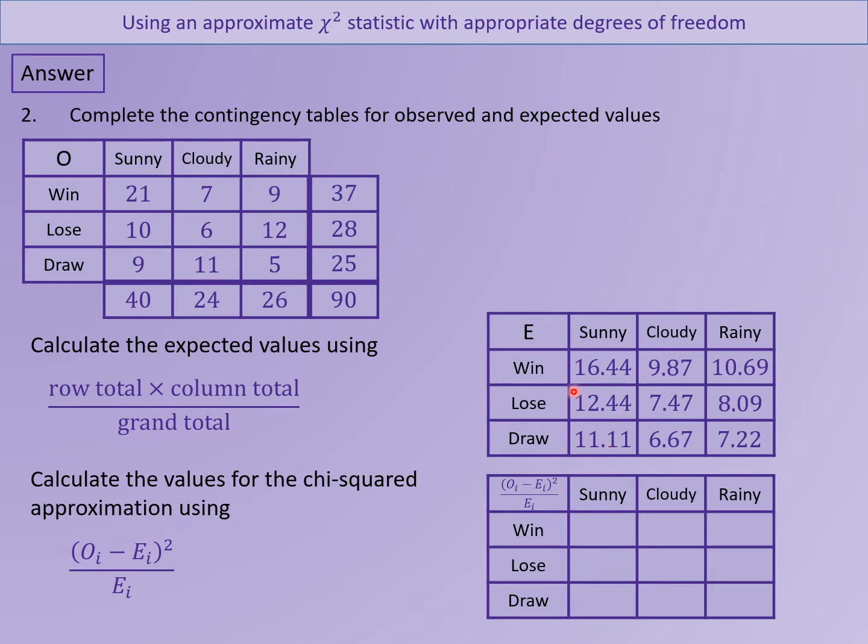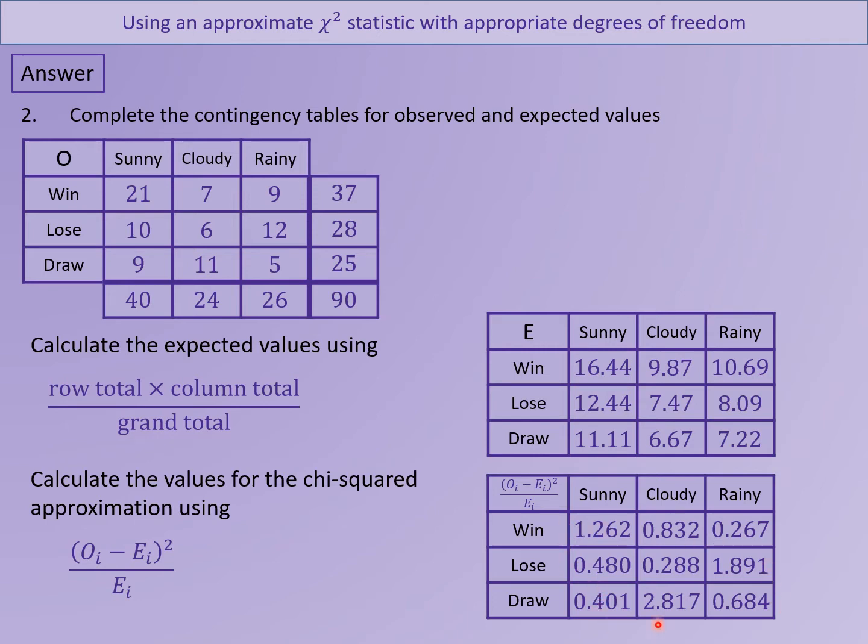We square it to make it positive, so we don't just get a zero at the very end, and we divide it by what we expected again, the 16.44, and that would get us that. This one just here: observed 7, expected 9.87. You look at the difference between those two by taking them away, you square it, and you divide by the 9.87 again. So we can fill in those results like that. Those are all our differences.